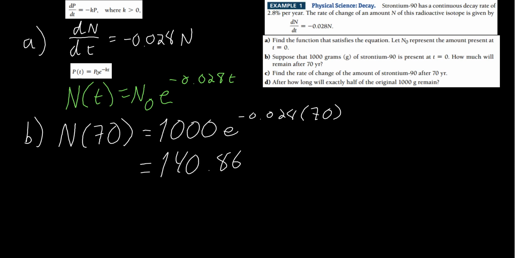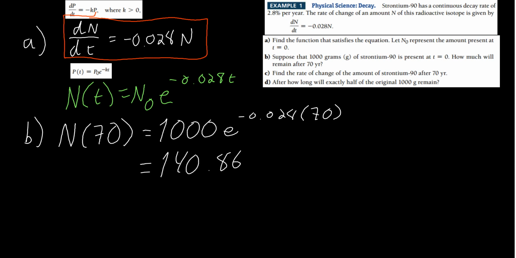All right, so C, find the rate of change of the amount of strontium-90 after 70 years. So we have to find the rate of change. We're trying to find the derivative, and this is pretty good because our initial derivative here is this. This is the incomplete derivative of my strontium-90.